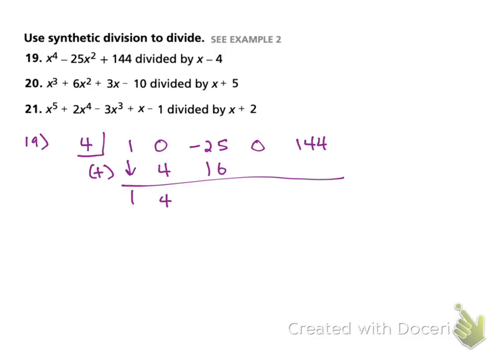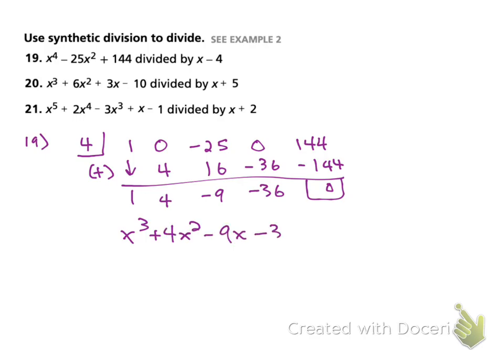Negative 25 plus 16 is negative 9. 4 times negative 9 is negative 36. 0 plus negative 36 is negative 36. And 4 times negative 36 is negative 144. Remainder of 0. So our answer would be x squared plus 4x squared minus 9x minus 36.